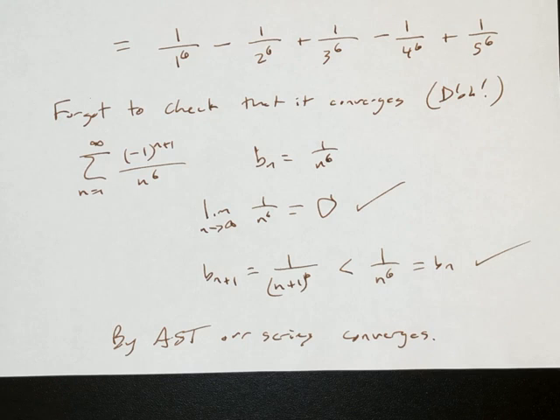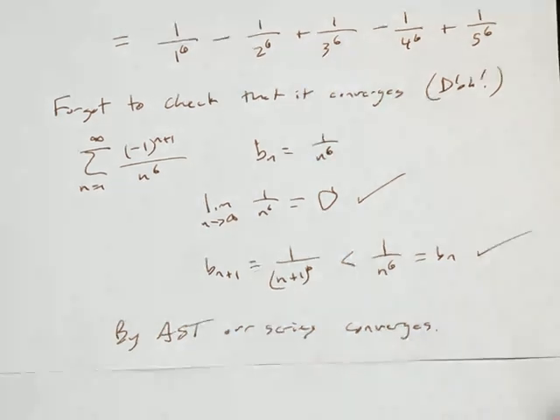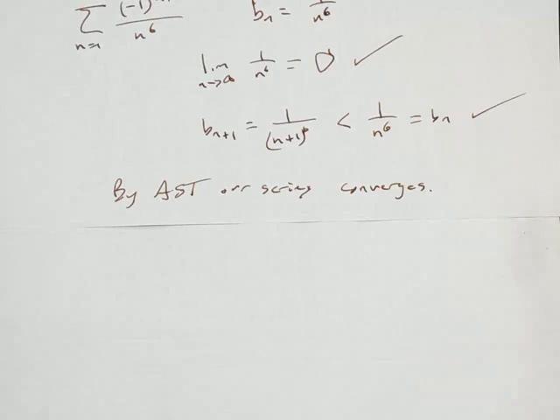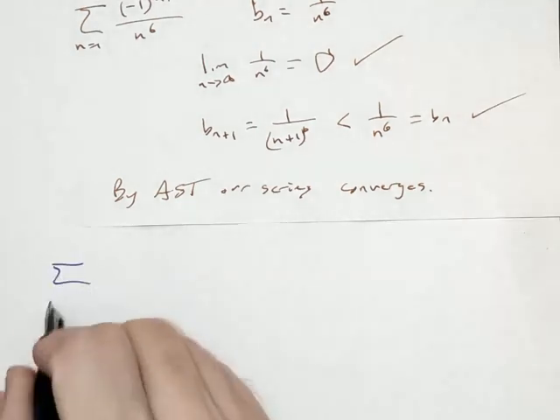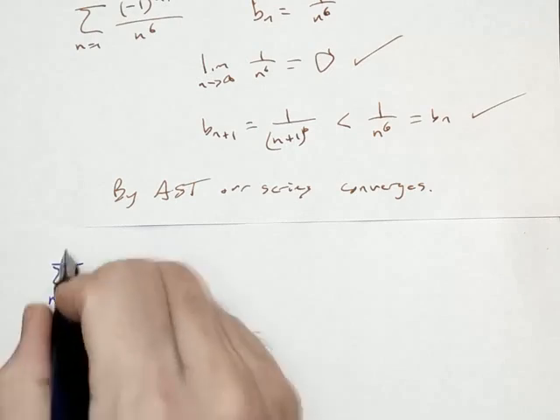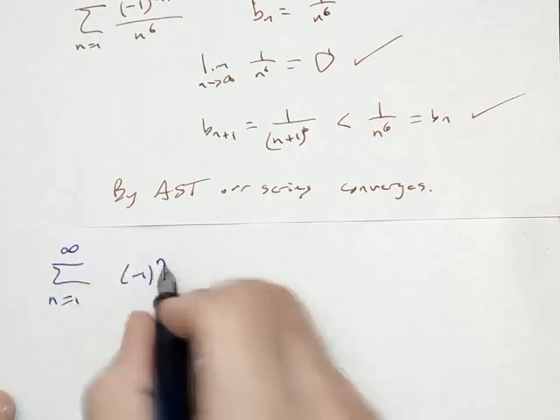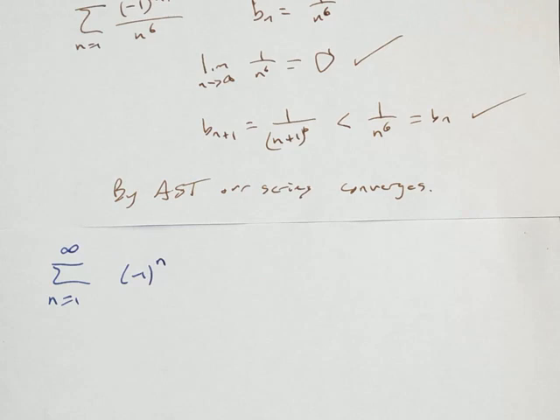So let me give you an interesting alternating series. You'll like this one. One of my favorite alternating series. Sum n equals 1 to infinity of minus 1 to the n.